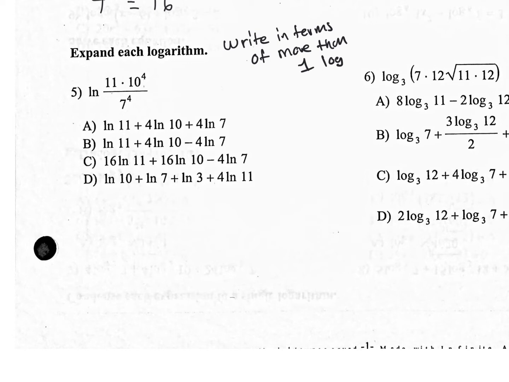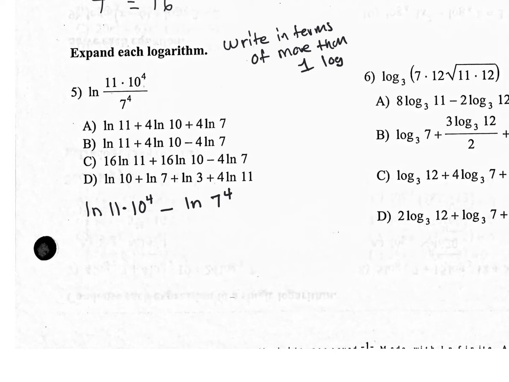So what you're going to do is use the quotient rule. So you have natural log of 11 times 10 to the 4th minus natural log of 7 to the 4th.